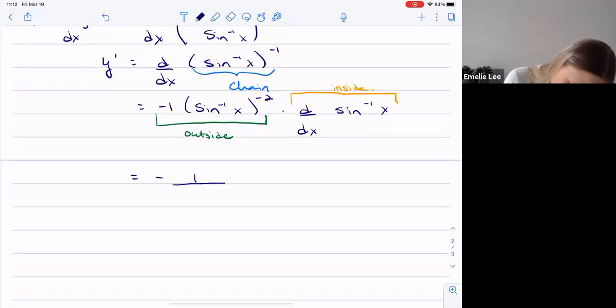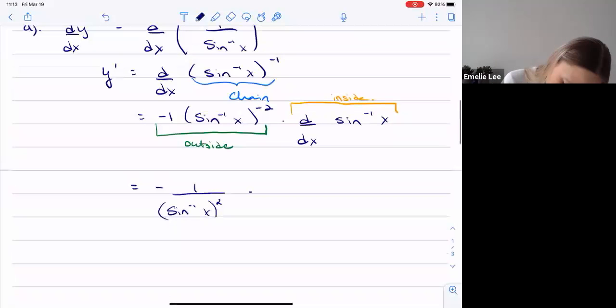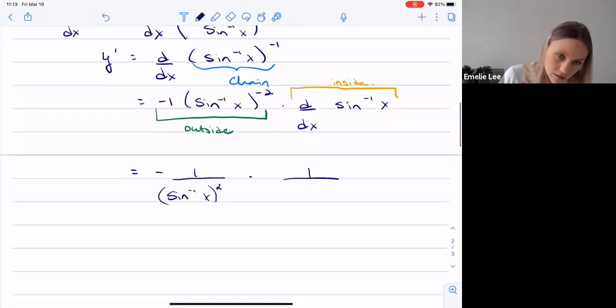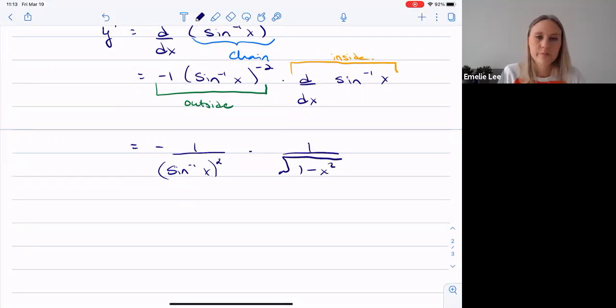So I get -1 over sine inverse of x squared, because when I bring it downstairs, I can ditch that negative, times 1 over the root of 1 minus x squared. I'm technically multiplying by 1, the derivative of the inside of sine inverse, but we don't need to do that because x is just x. If we had something bigger inside the sine inverse, then we would need to chain that on as well. But we don't because it's just x.